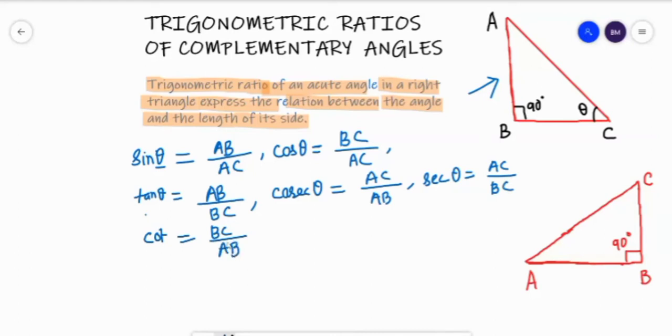These are the trigonometric ratios for the acute angle theta, this angle theta.